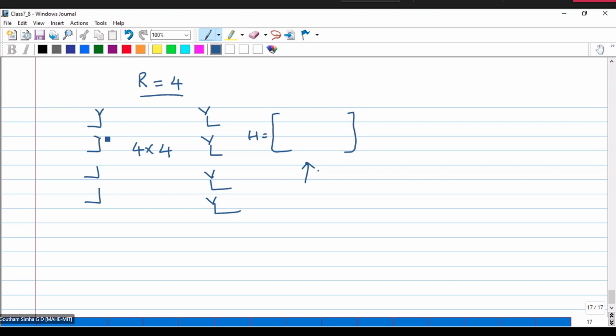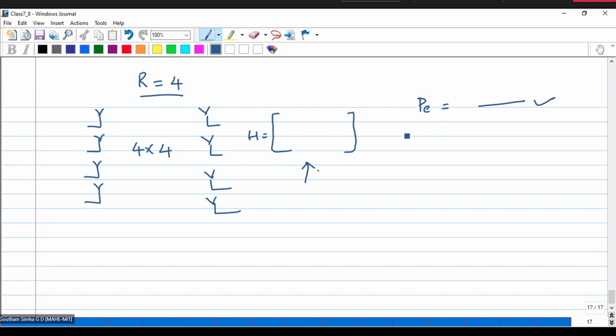Now here, if my H gives a full rank matrix, performance will be very high. The probability of error is very good.